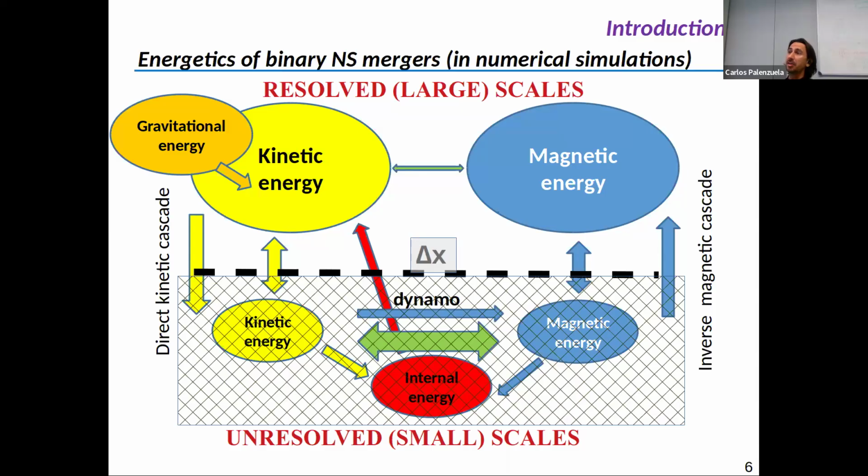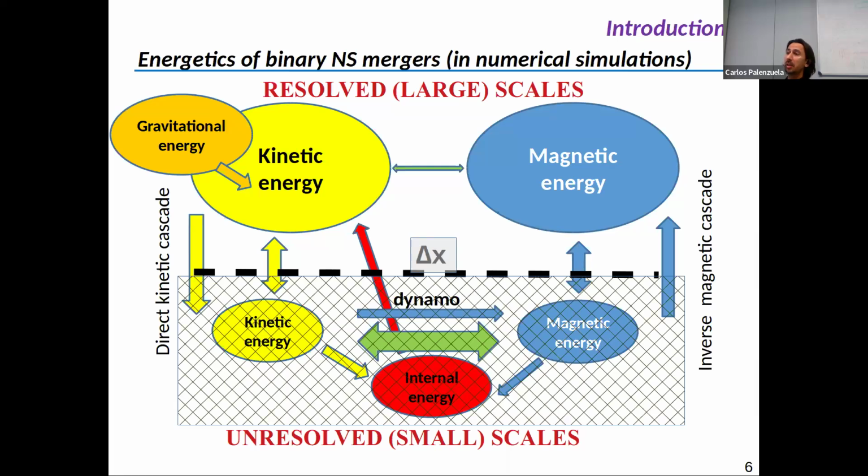So basically, we can resolve the large scales, where there is some transfer from kinetic to magnetic energy, but we cannot resolve the smaller scales where most of this transfer actually happens. So we cannot really capture the turbulent dynamo that is happening at the smaller scales.